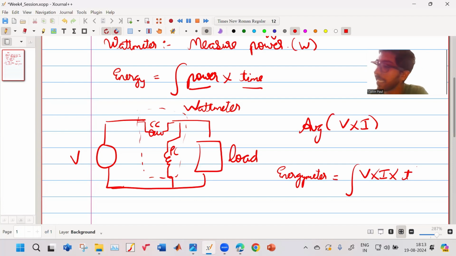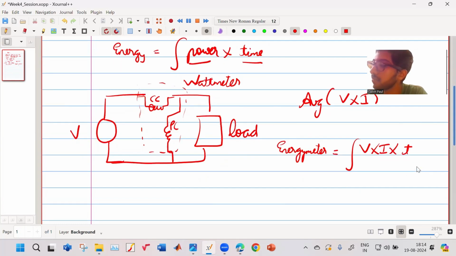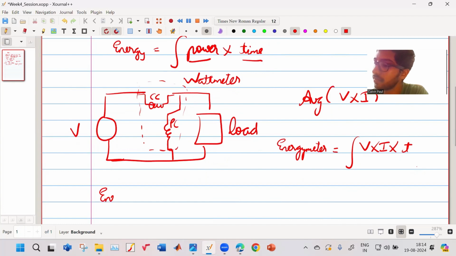So the energy meter will have the same connection as the wattmeter.